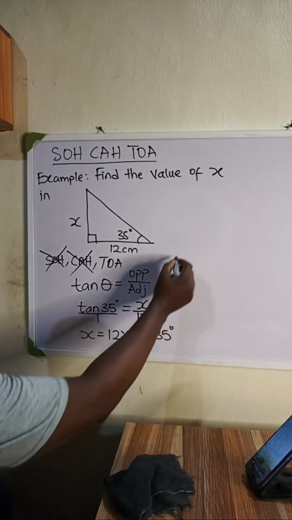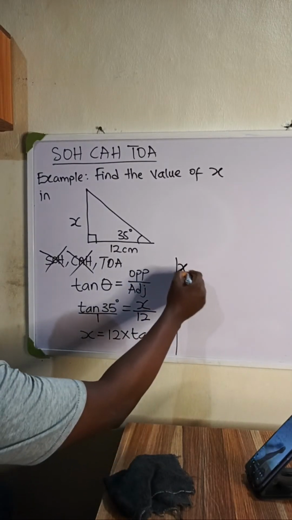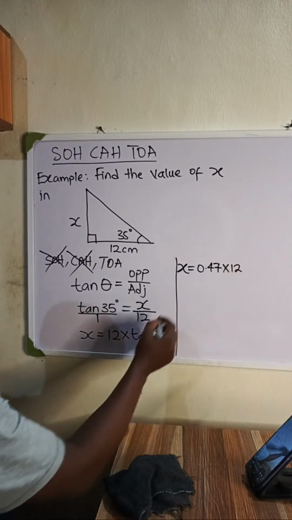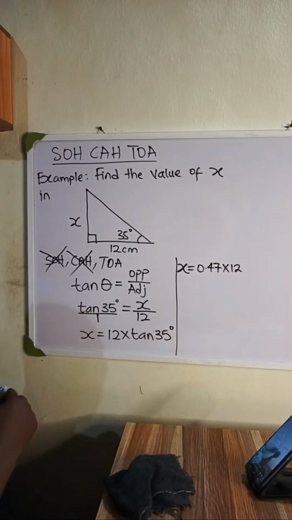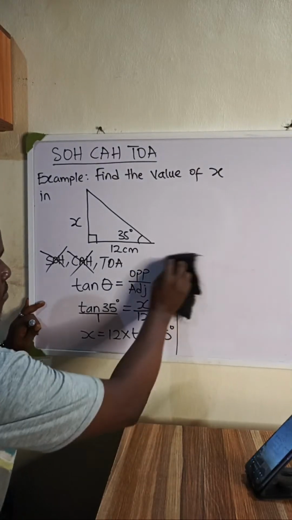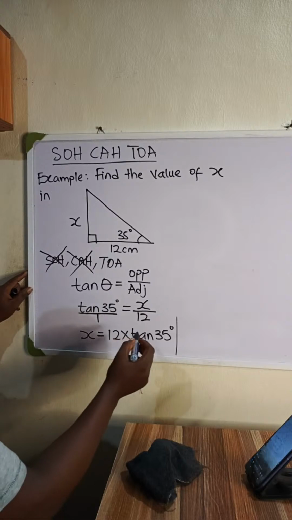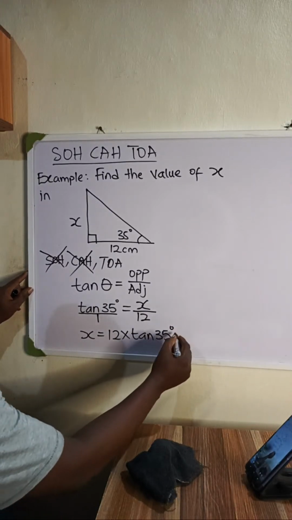So x is equal to 0.47 times 12. Oh, on TikTok, that side is not showing. I'm going to write it here.